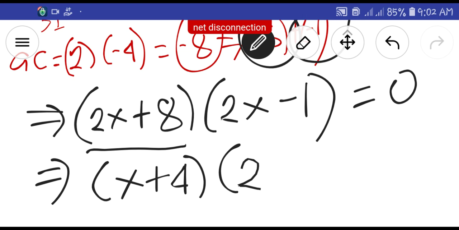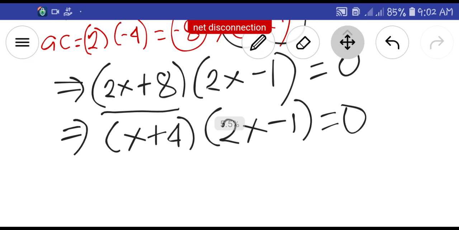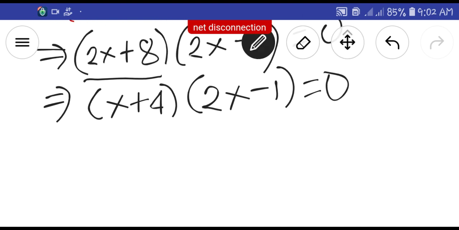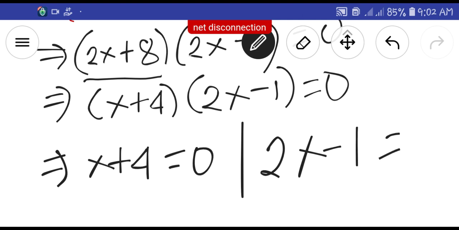So this is your final factors of your quadratic. Right? So to get the roots of this one, we'll just have to equate x plus 4 to 0, and then 2x minus 1 to 0.